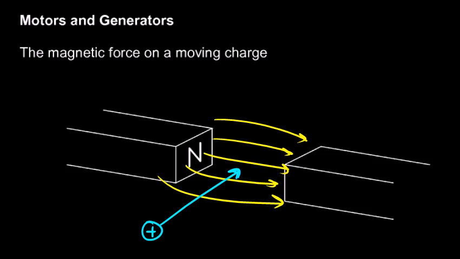Well, it turns out in this case the particle will be deflected down, and you can tell that by the right hand rule. If you turn your hand over and you point your fingers in the direction of motion, if this is a velocity vector here, v in blue, point your fingers in that direction and have your thumb pointed down.